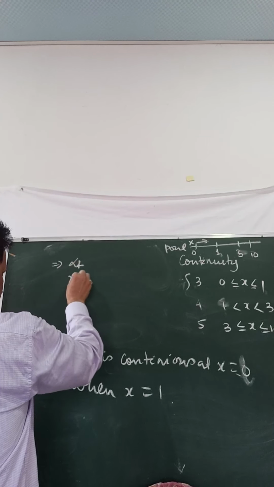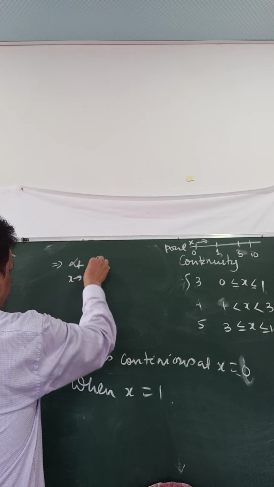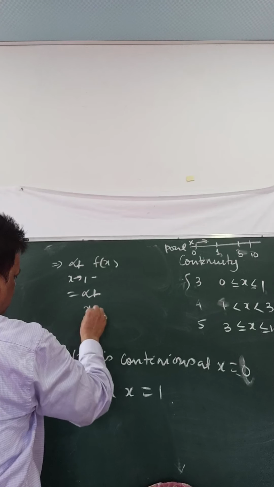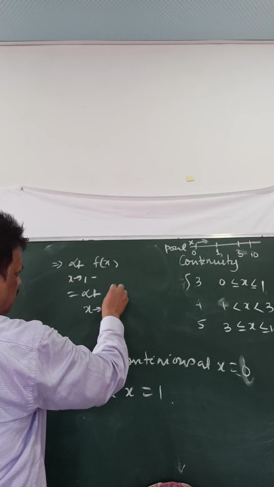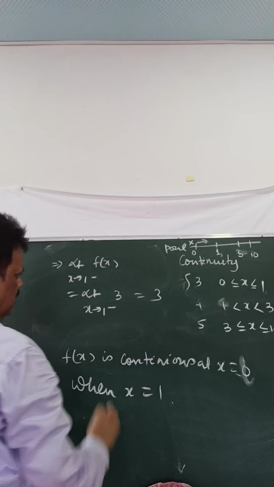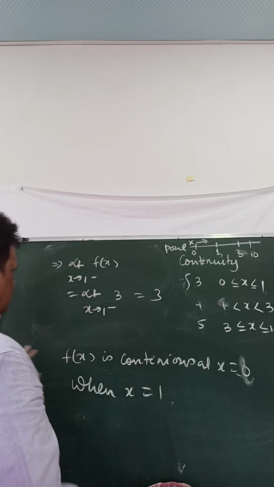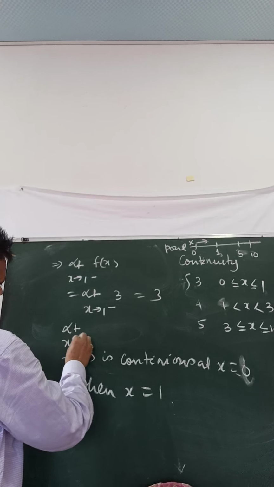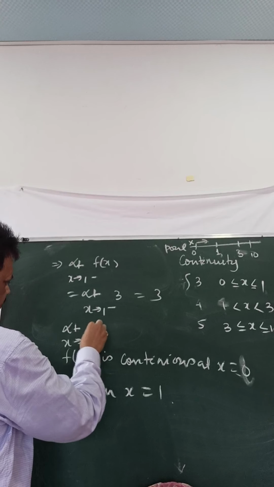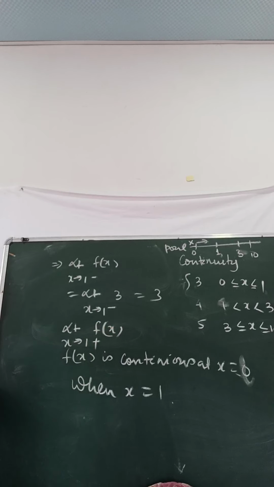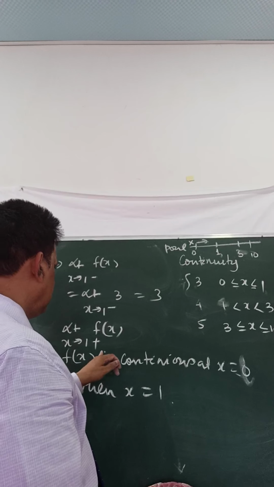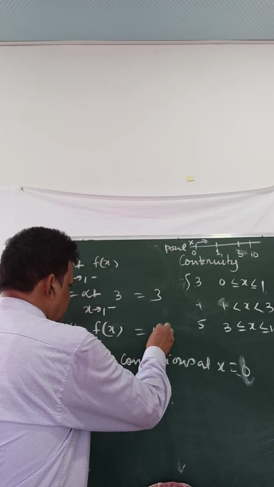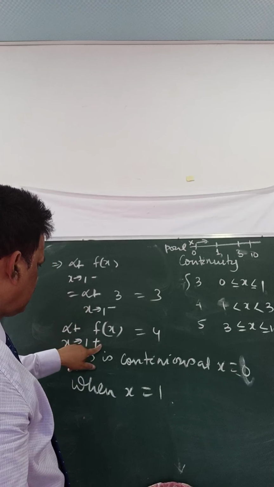Limit x tends to 1 minus f(x) is 3, a constant. Now limit x tends to 1 plus f(x), the value is 4. So the left hand limit is not equal to the right hand limit.